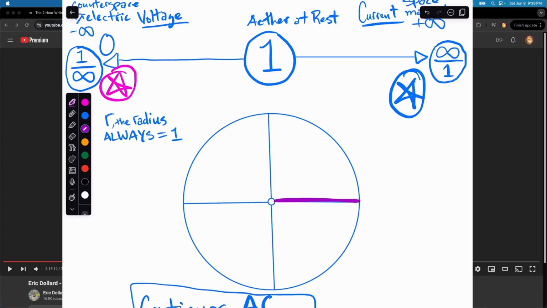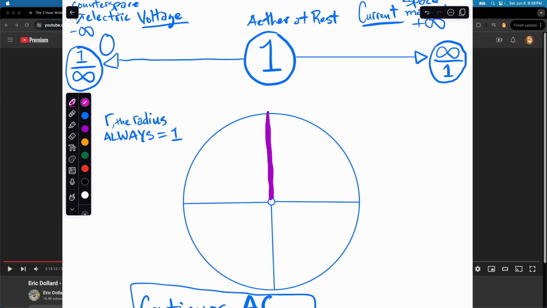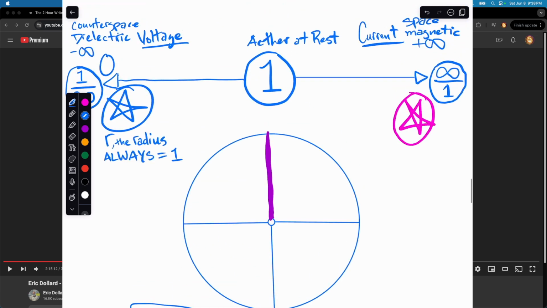That's what this would represent right here. And then if we want to do the opposite where it's right here, let's draw that. If the motor is at right here, the magnetic would be infinity and the dielectric would be 0. So that is an interesting way to do it.